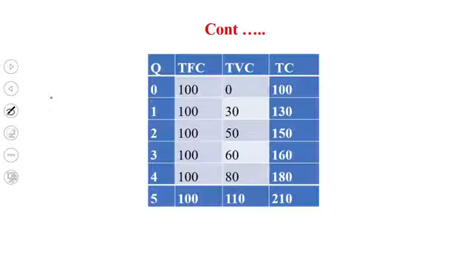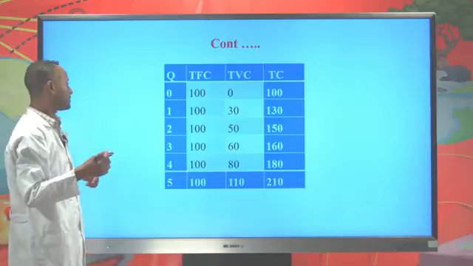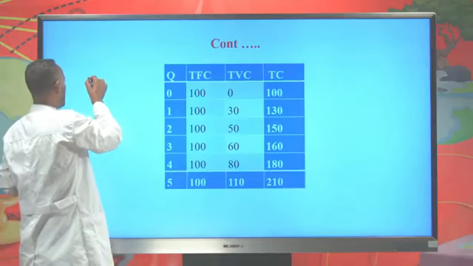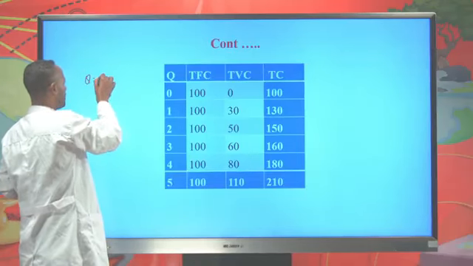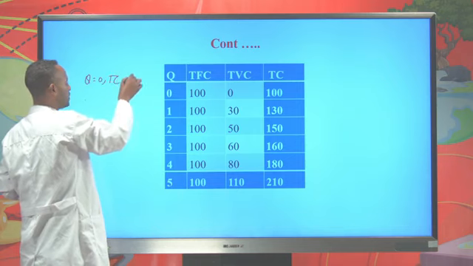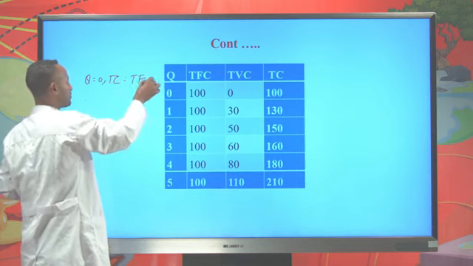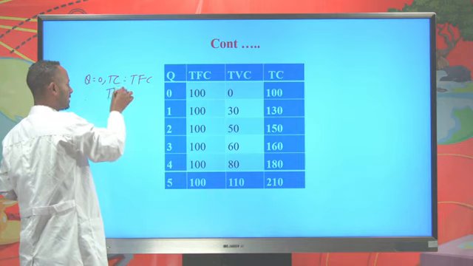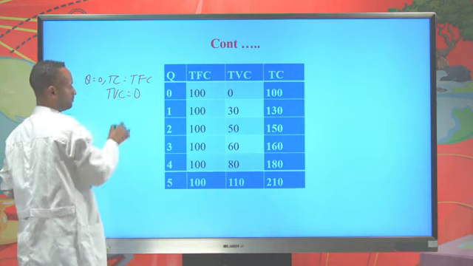Suppose the total fixed cost of production is 100 birr and the total variable cost of production is 0. In the short run, whenever the level of output is 0, the total cost of production is always equal to the total fixed cost of production because the total variable cost of production is 0.